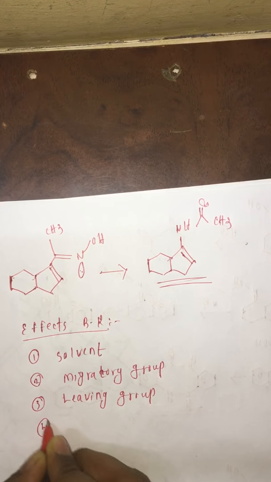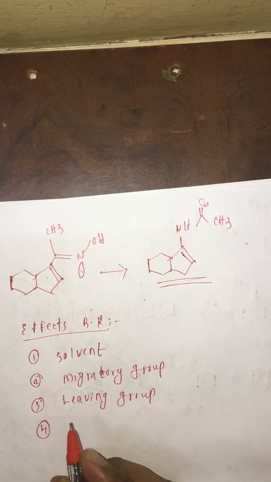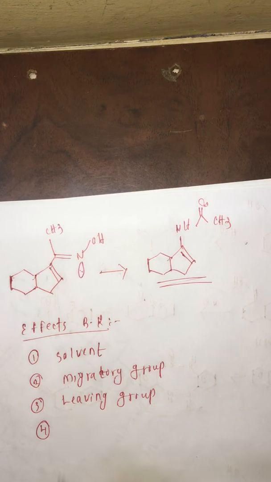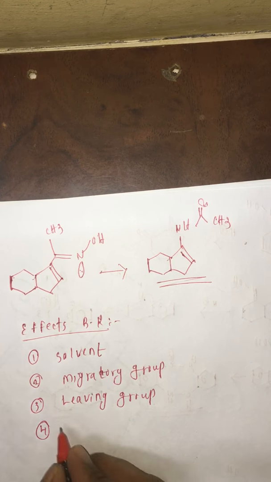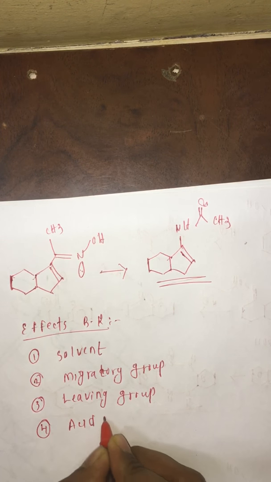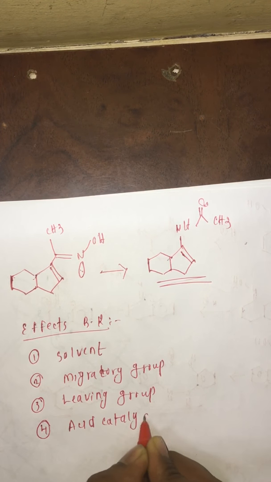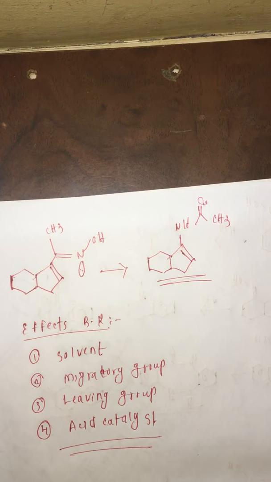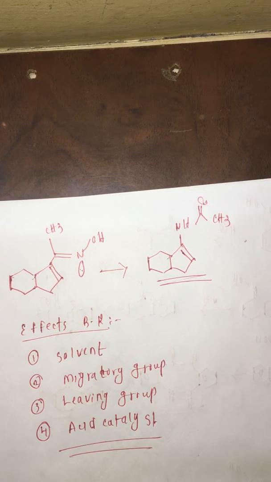And fourth one is acid catalyst. So these are very simple effects which we can remember very easily. We'll just follow the mechanism, so from there it's very easy to remember.